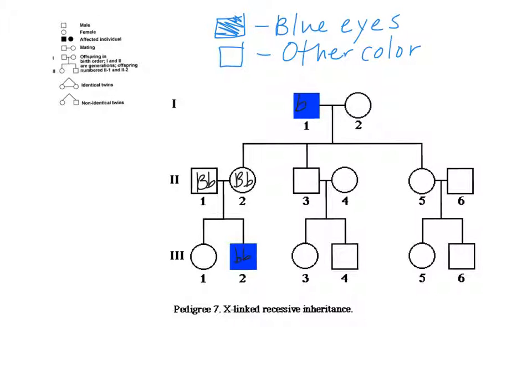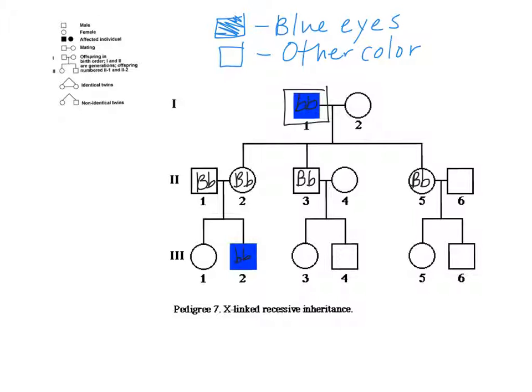So this one is little b as well. Now this dad had to pass at least one of his little b's onto all of his children because that's how meiosis works. So we're going to put a little b with all of his children. And we know that those children who have the little b must also have a big B because they do not have blue eyes, so they must have the dominant trait.